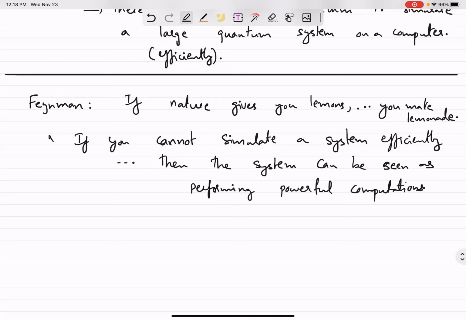Whatever the system is, this is something that we see in nature. I can set up something and see what happens. So I can do this experiment.